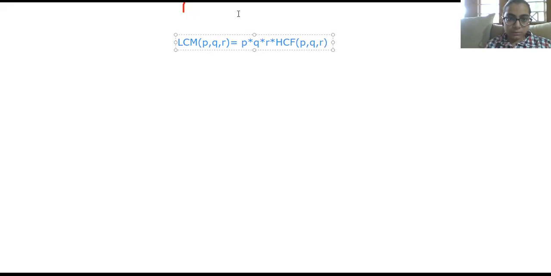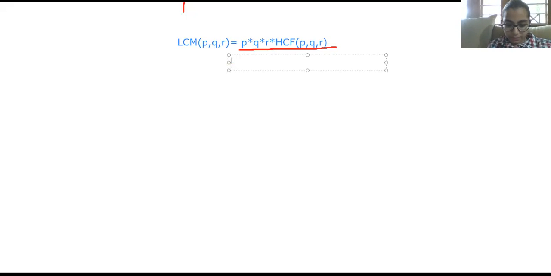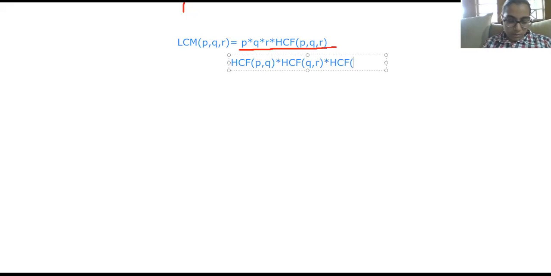upon HCF of PQ into HCF of QR into HCF of RP.